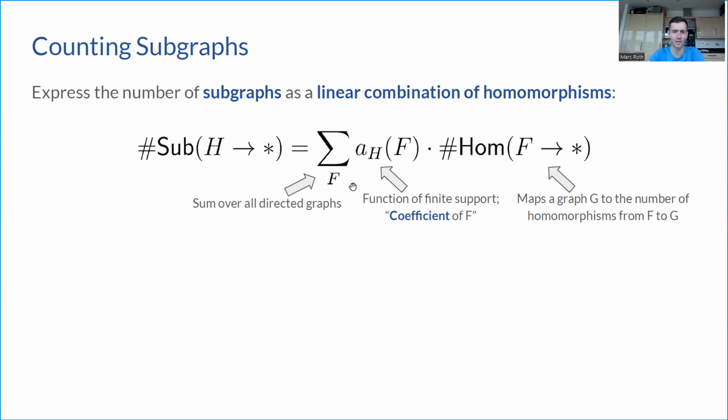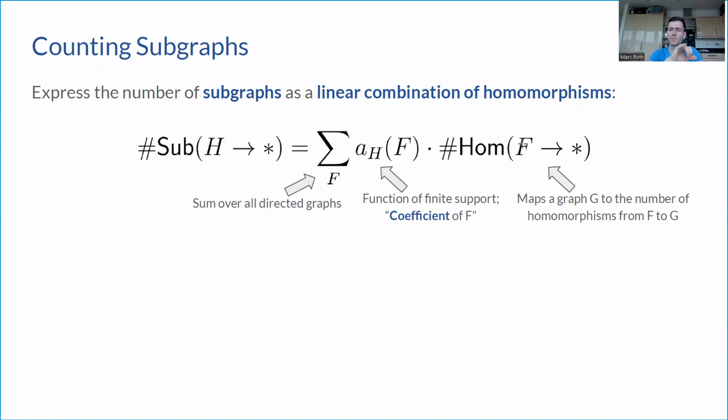So let's take a look at what this means. The function that counts copies of H in an input graph can equivalently be expressed as a finite sum over directed graphs. Recall we are in the directed setting. Each term is a coefficient of this directed graph times the number of homomorphisms from this directed graph into our input.